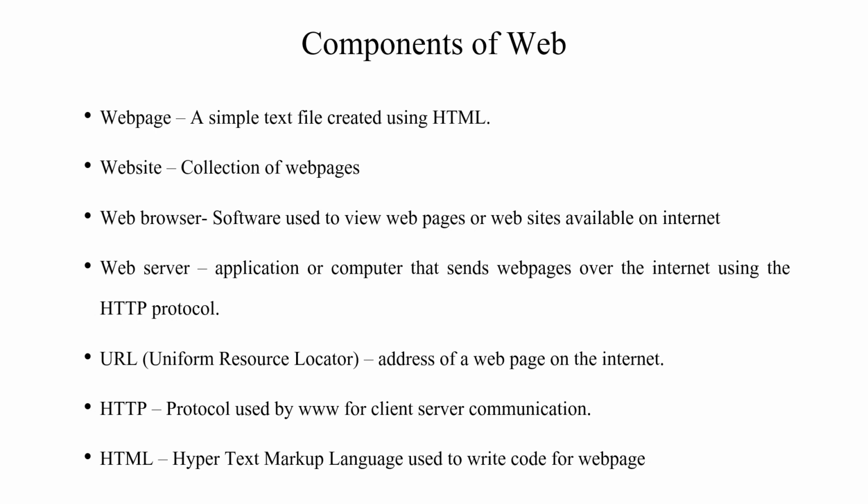Second, website. A website is a collection of different web pages. Third, web browser. A web browser is software used to view web pages or websites available on the internet.